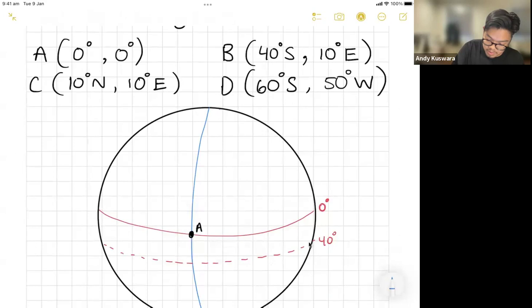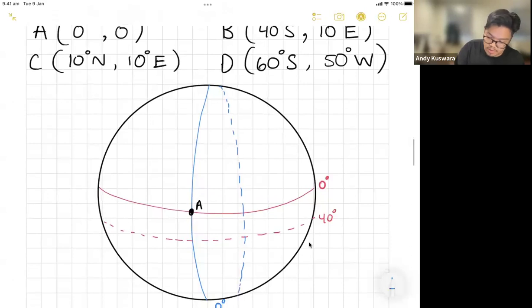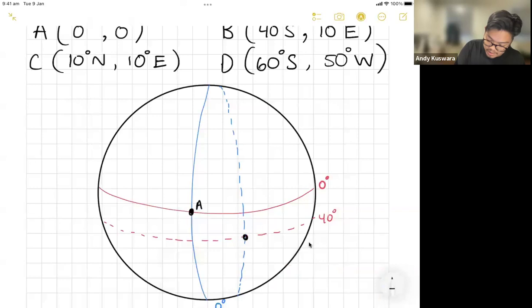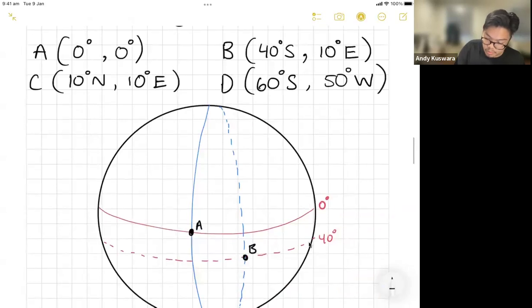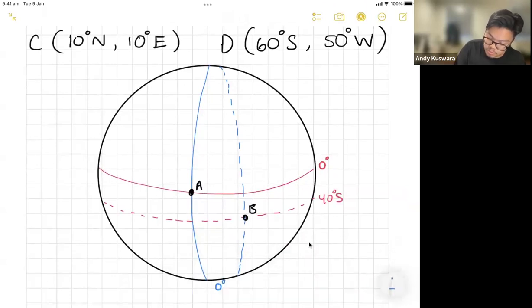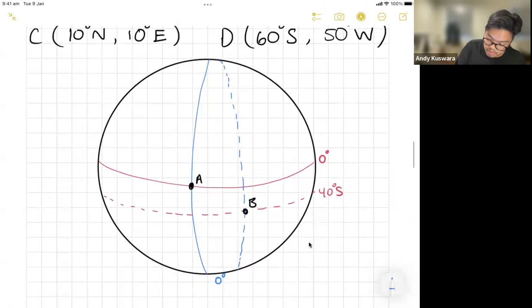And that point where they intersect would be our B. I should also be very careful to label these well: 40 degrees south, and this is 10 degrees east.